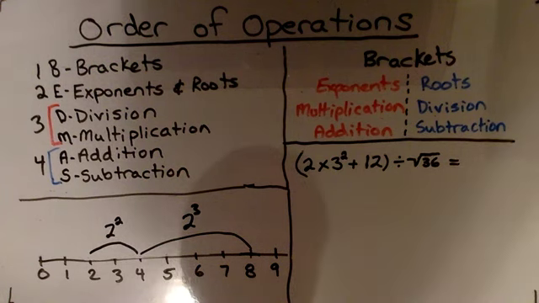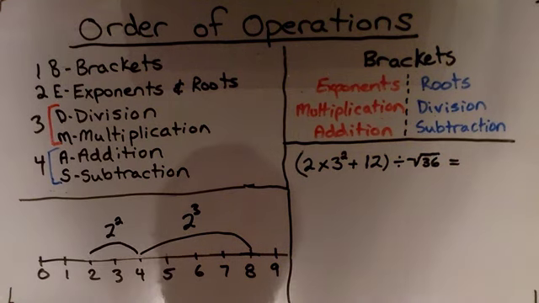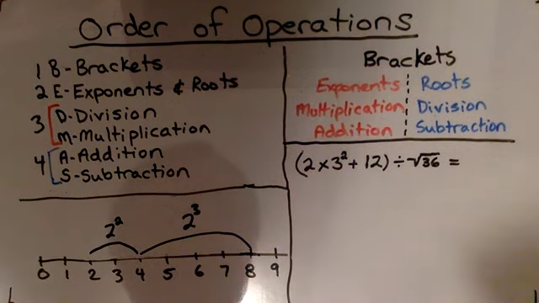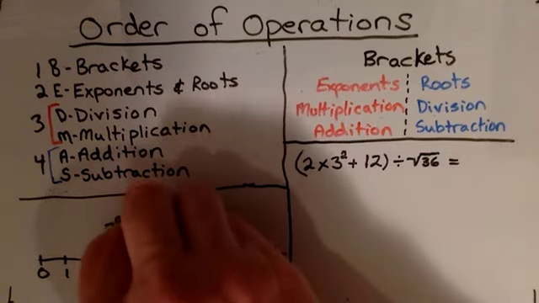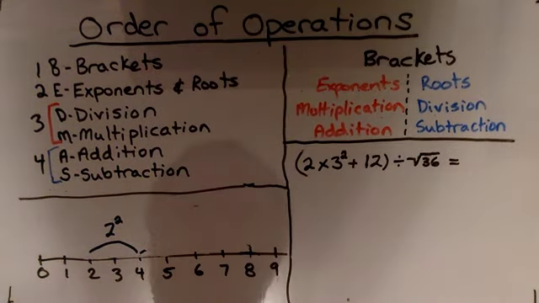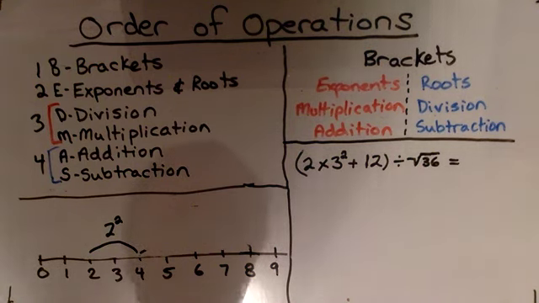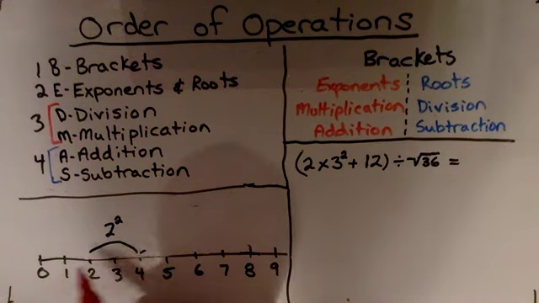Now, we haven't done any different types of roots. The only one we've done is square roots. So for the time being, I'm just going to ignore the fact that exponents go up to bigger numbers, and we'll just look at squares. So if I had done 2 squared, then I would have gone up in the positive direction, 2 times 2.